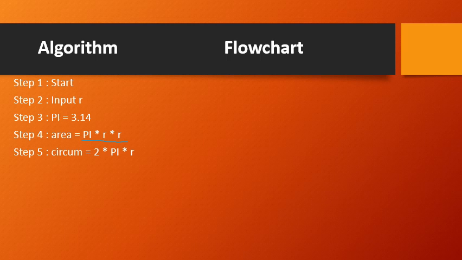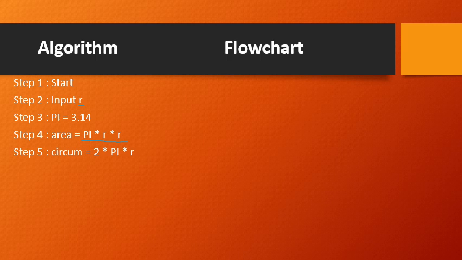One thing you need to remember here: if in the input I use r, then in the processing, wherever I do the calculation, if I want to use this radius, I should only use r. I cannot write radius or rad again. Since I have said that r is the radius, wherever I want to access that radius, I should represent it as r itself.